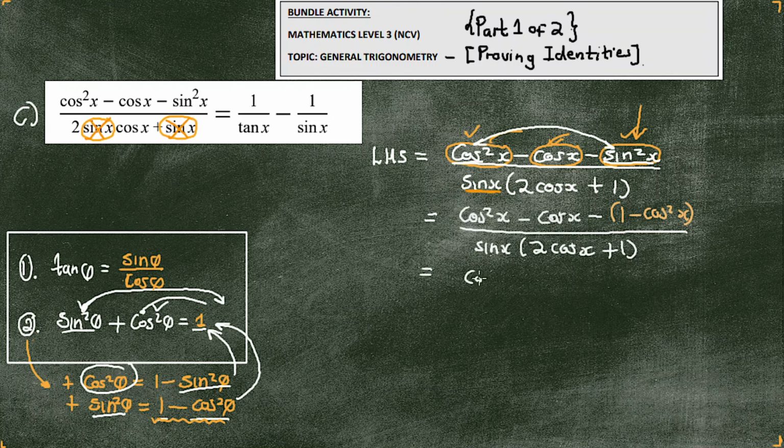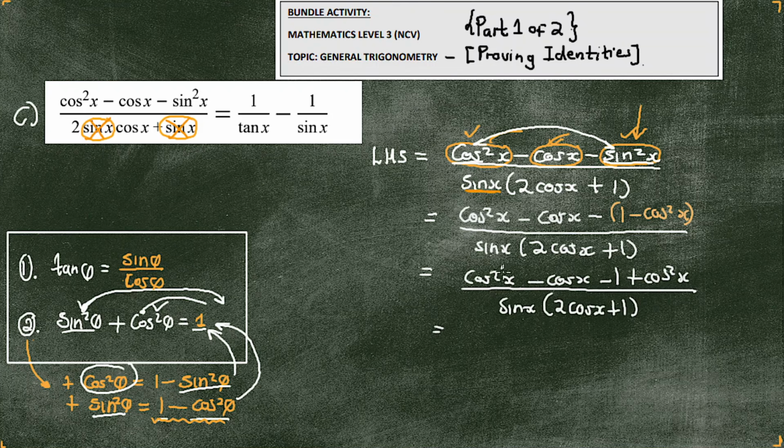We simplify, we have cos squared x minus 1 plus cos squared x over sine x. I'm not gonna multiply by the sine because we took it out as a common factor, so let's just roll with it the way it is.